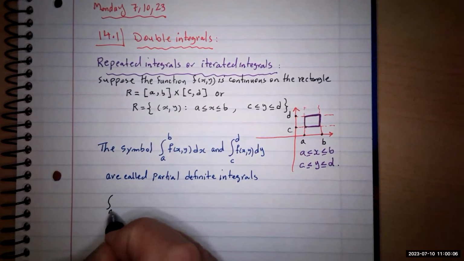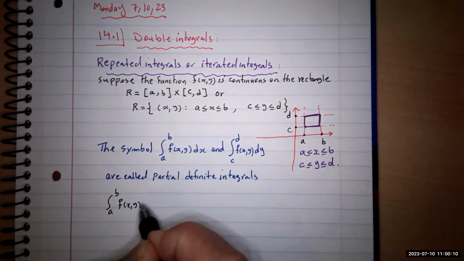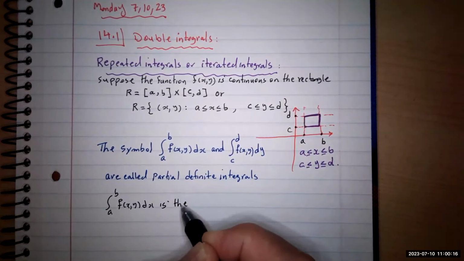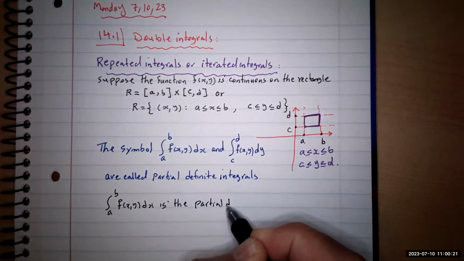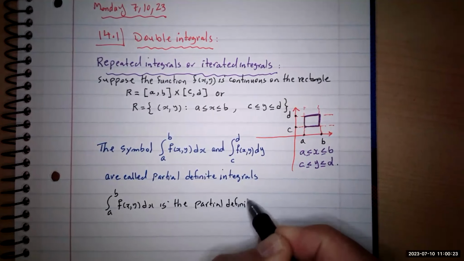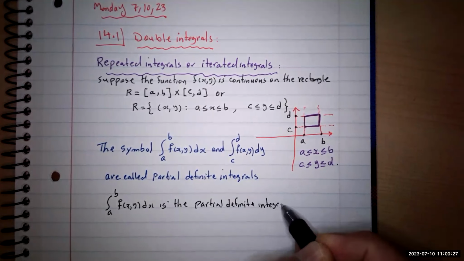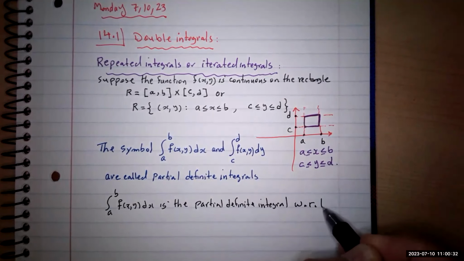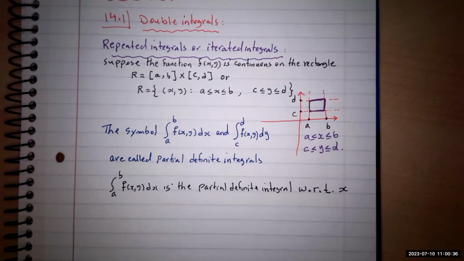So the integral from A to B, f of x comma y, dx, is the partial definite integral with respect to the variable x. It's the way we call it.